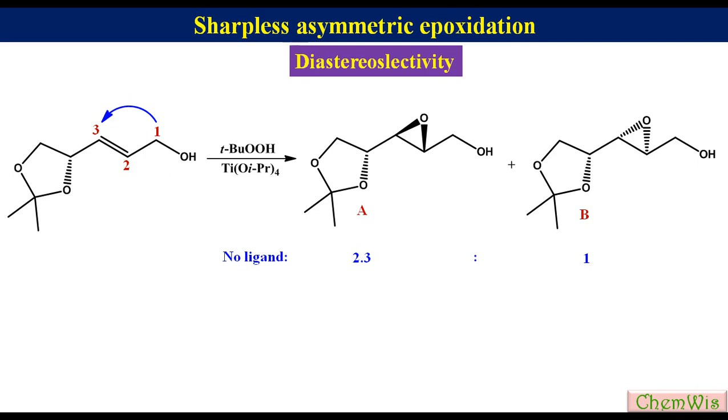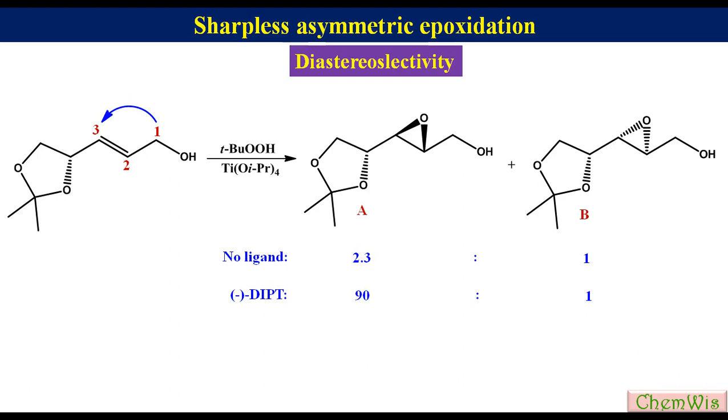Thus, in the presence of minus DIPT, steric factor and ligand factor both are favoring top face attack, and we get A to B as 90:1.